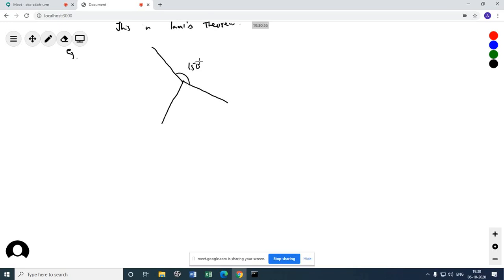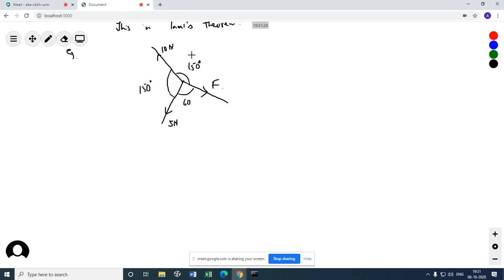This is 150 degree, and this is also 150 degree. Then this is 300 minus, so this is 60 degree. Let's say this is 10 Newton, and this is 5 Newton. Can you find F?